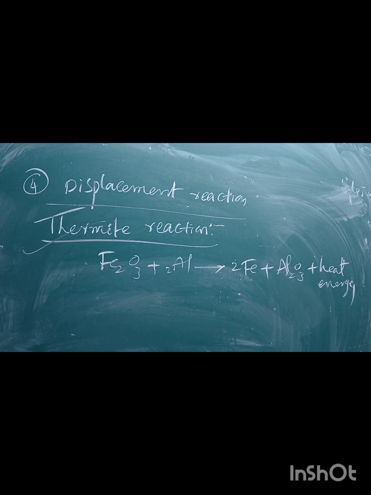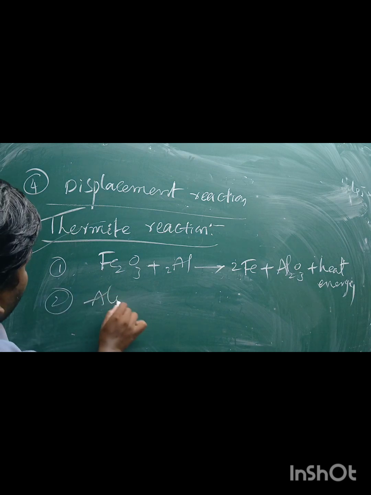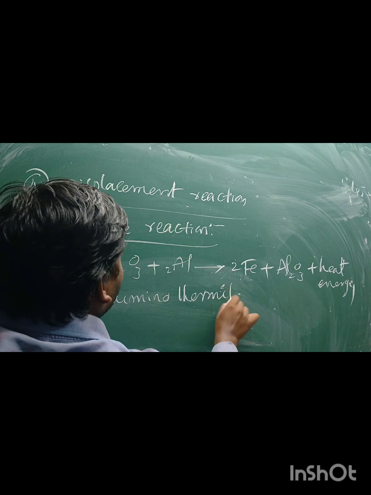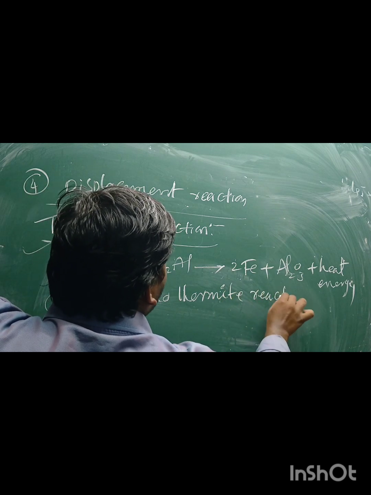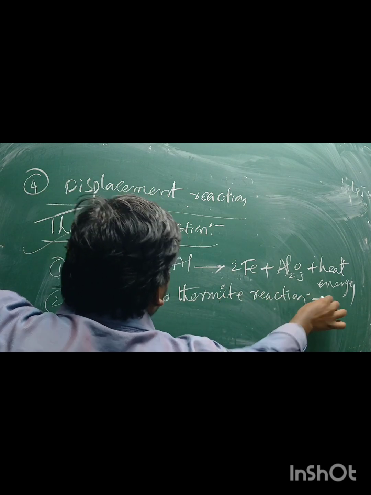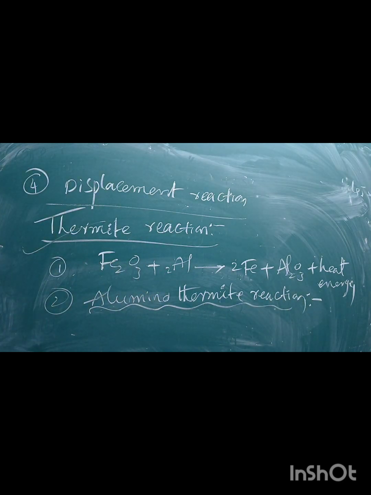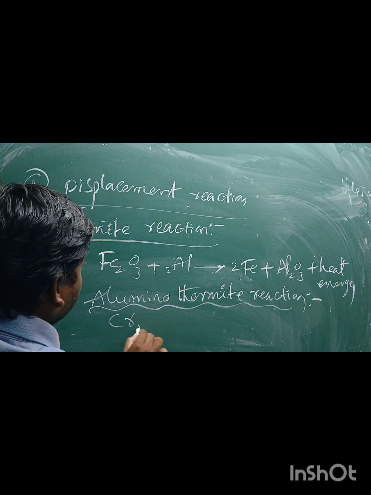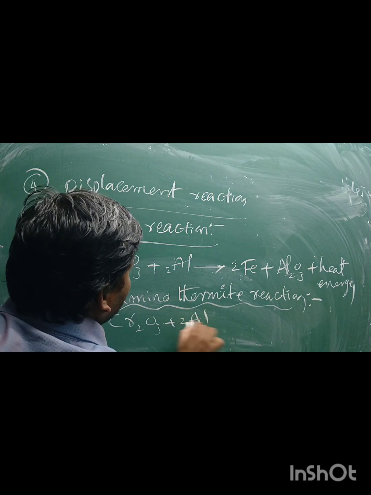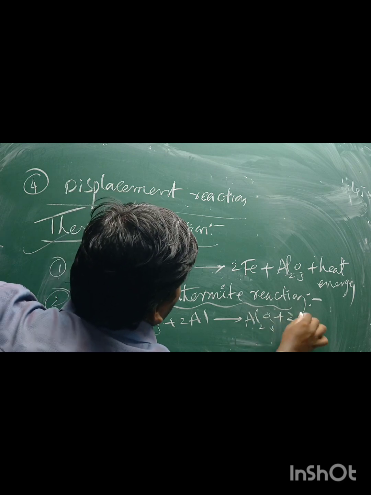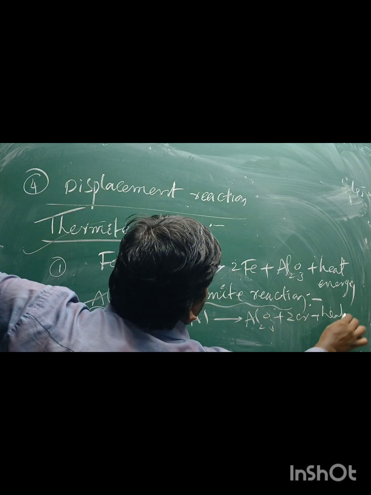Aluminothermite reaction. If you take one more example, aluminothermite reaction: chromium oxide combines with aluminum to form Al2O3 plus 2 chromium, and heat energy is liberated.